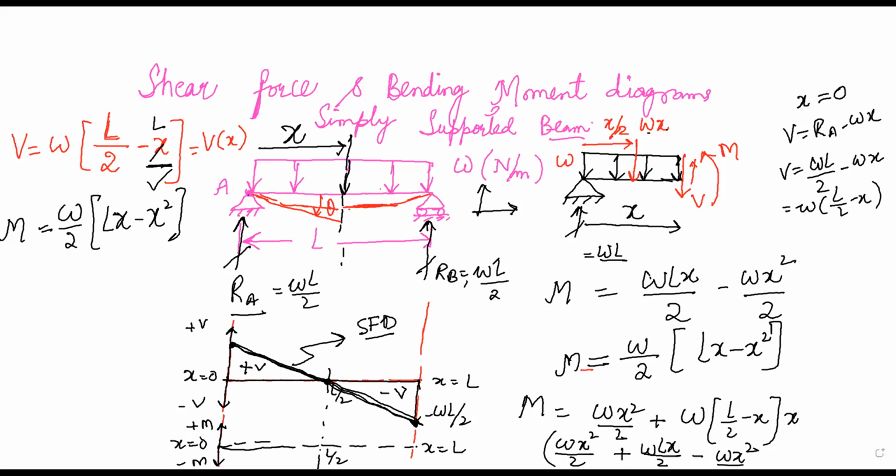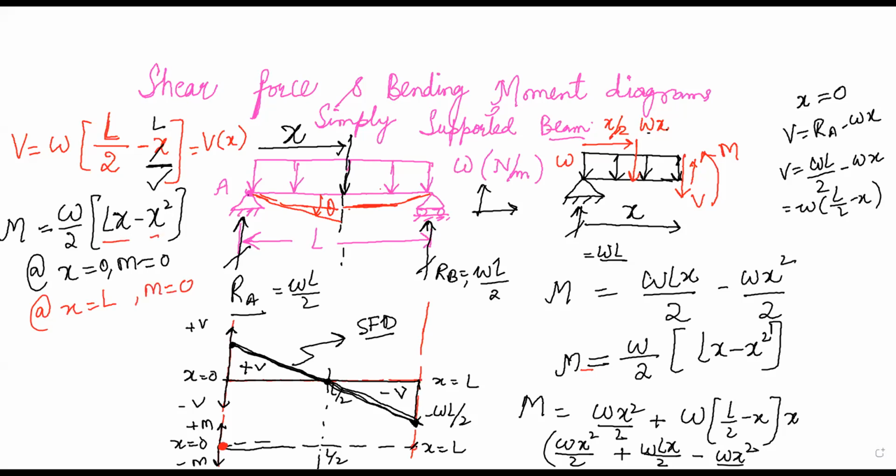Now see, at x is equal to 0, the value of bending moment is equal to 0. So our first point is over here. Okay, at x is equal to L, this becomes L square, and M again becomes equal to 0.